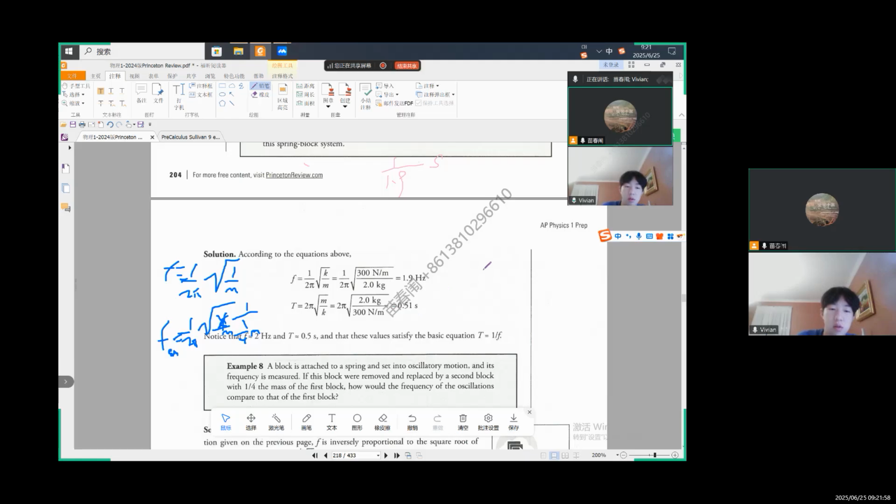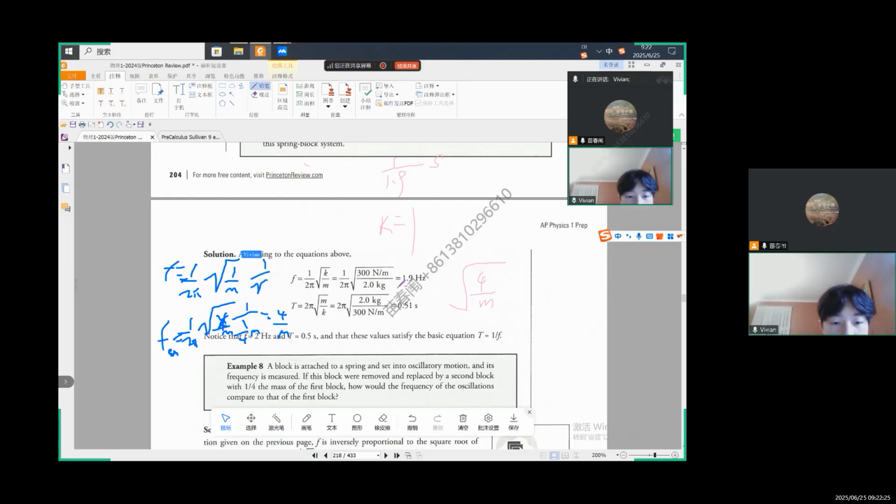Yeah, that's what I wrote. You consider K equals 1, right? Yeah, it's easier, because it's the same thing, we can pretend it's 1. Well, we're comparing their frequency.